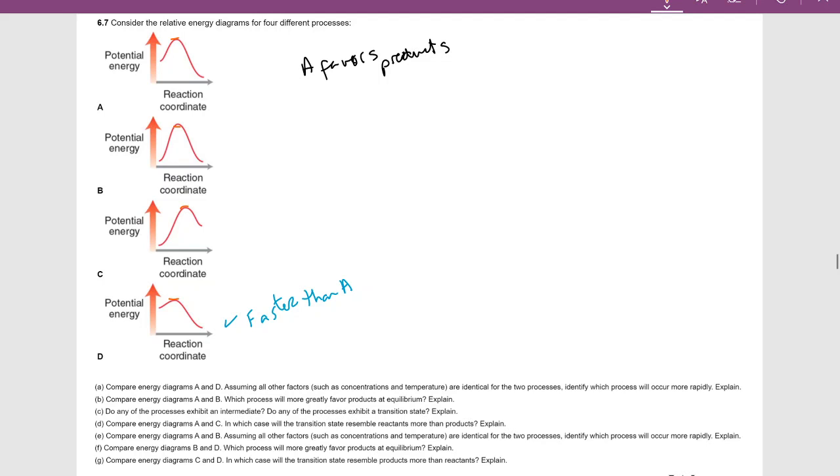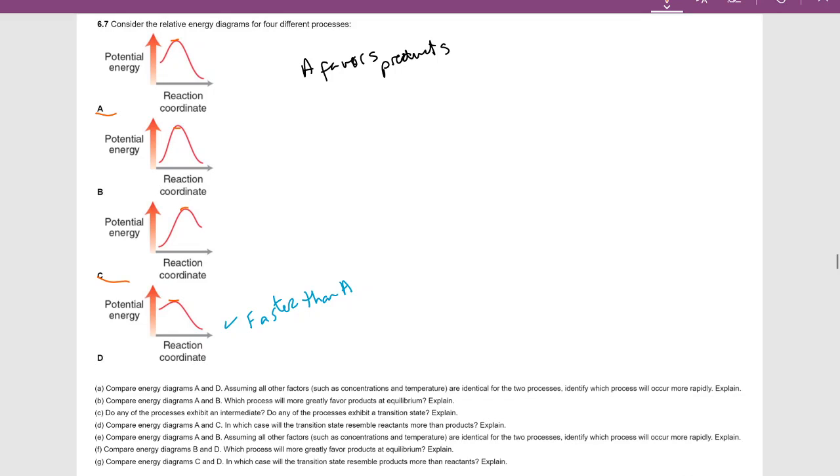Compare energy diagrams A and C. In which case will the transition state resemble reactants more than products? Okay. That's A versus C. Okay, A is going to resemble reactants, and C is going to resemble products because the energies are closer to those things, respectively. I don't generally ask my students that.